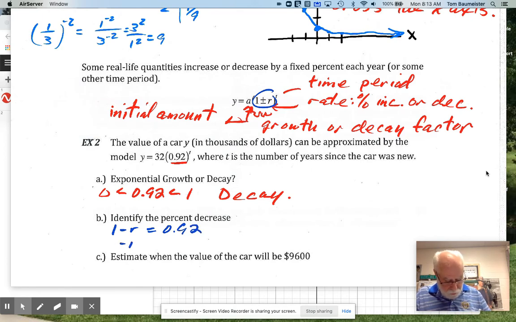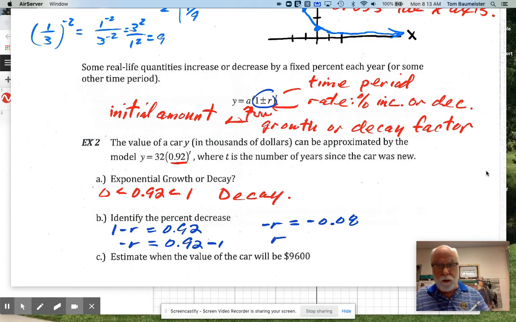Now if I subtract 1, and I'll work it out the whole way for you, that will give us negative r is equal to negative 0.08. If we multiply both sides by negative 1, we would get a positive r of 0.08. That's in decimal, so we have to change it to percent. That would equal 8%.